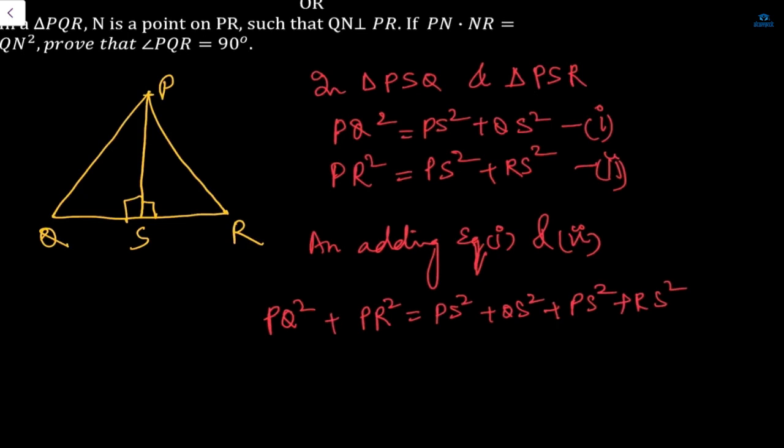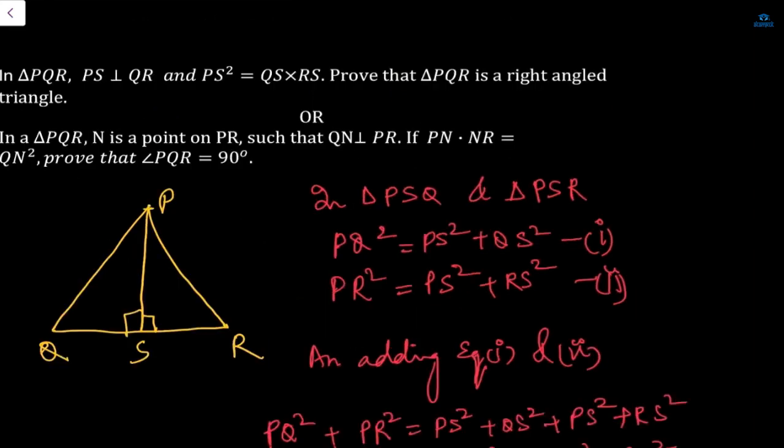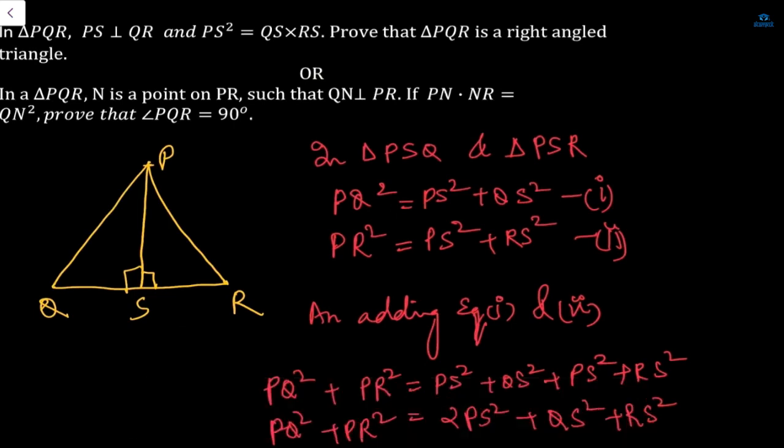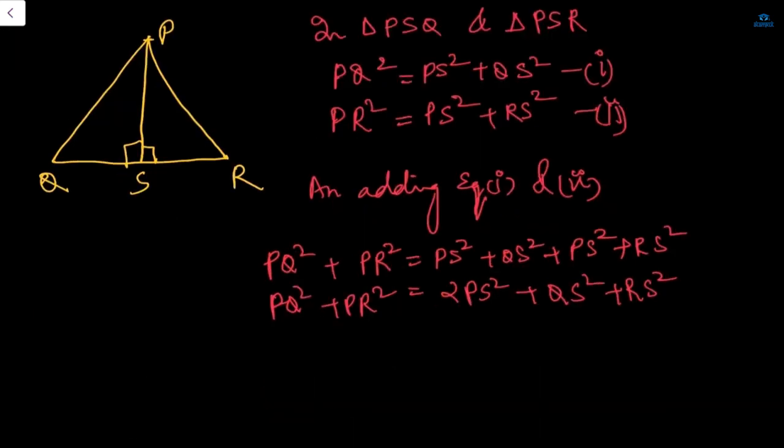What is given here? PS square is equal to QS into RS.